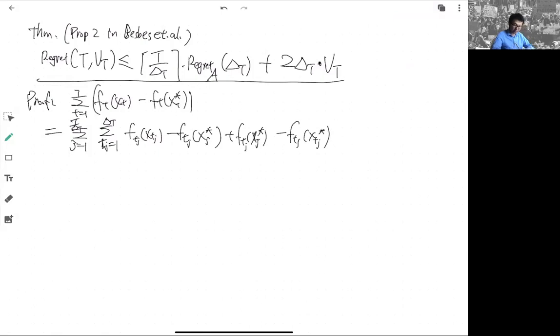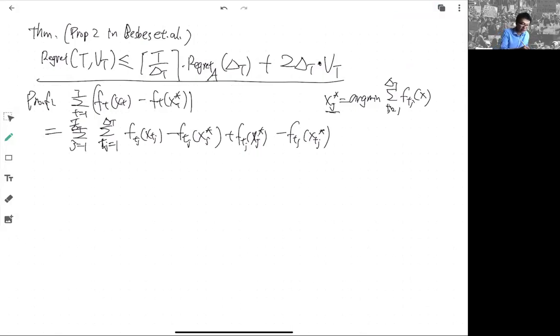Okay, so I define this x_j star to be the argmin of the sum of f_tj, t_j from 1 to delta t. So this is the sequence of functions that you receive within the j-th bin, and then this is a fixed comparator in hindsight for that bin.